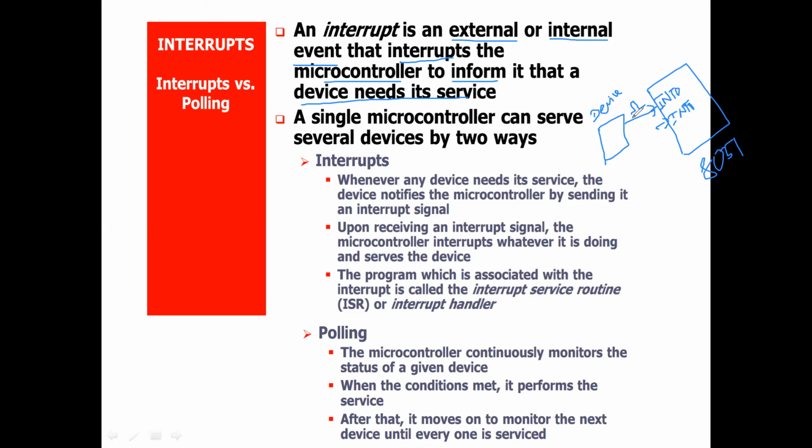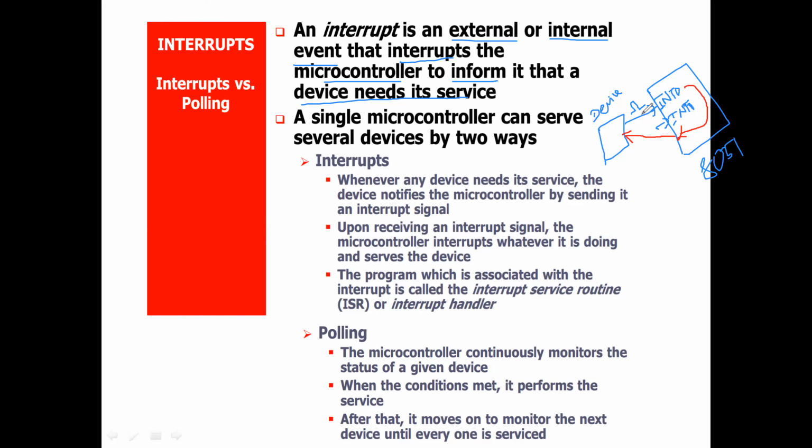If the 8051 receives this signal, which indicates an interrupt, it has to serve whatever the requirement of that particular device is. It may want to send some data to the device serially. For example, if I give a pulse, you send me data.